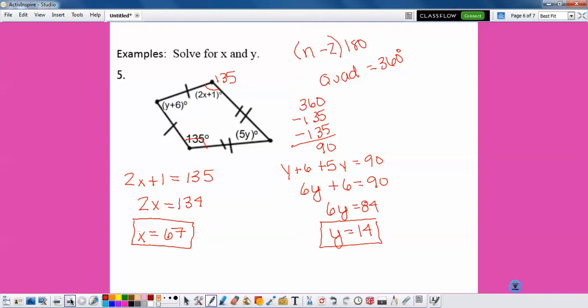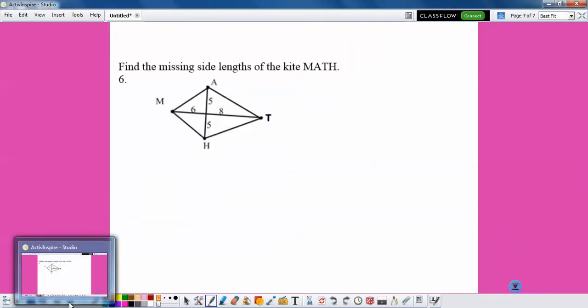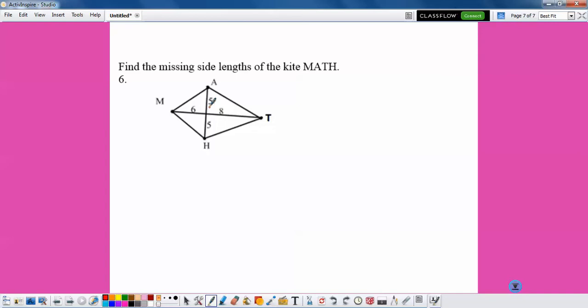Finally, let's use the diagonals to help us find the missing side length. So, since these are right triangles, we can use the Pythagorean theorem. And remember, we already know that MA and MH are the same, and that AT and HT are the same. So let's make MA x. We know that x squared equals 6 squared plus 5 squared.